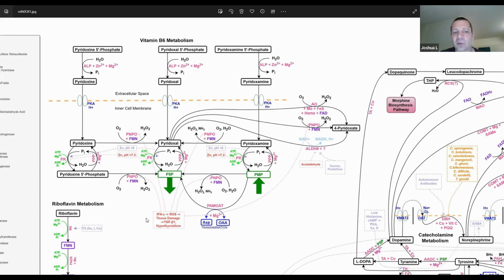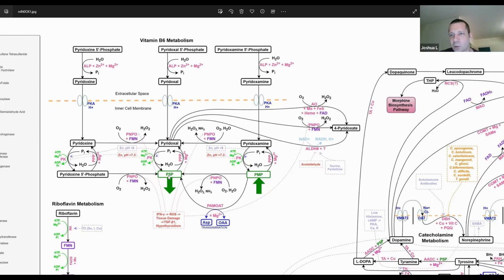The way that works is if we've got transforming growth factor beta 1 being elevated, which gets elevated in response to tissue damage signaling, then it inhibits these reactions here, PNPO, which means that the inactive form of P5P, so PNP, is not being as readily metabolized into P5P.